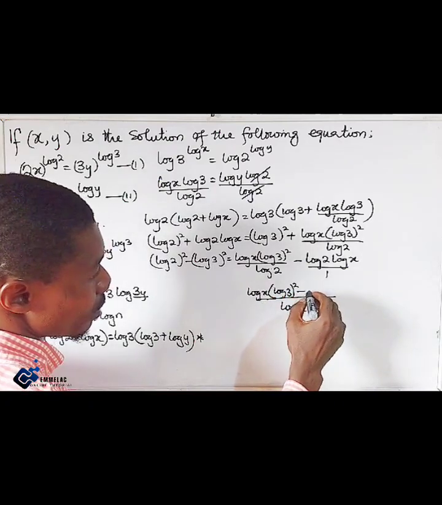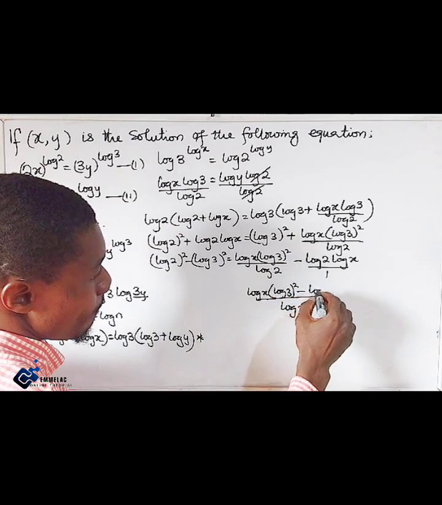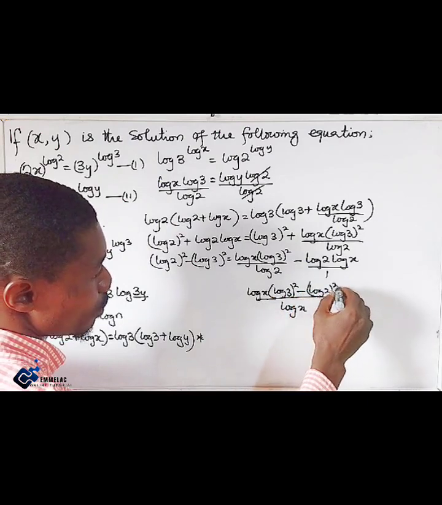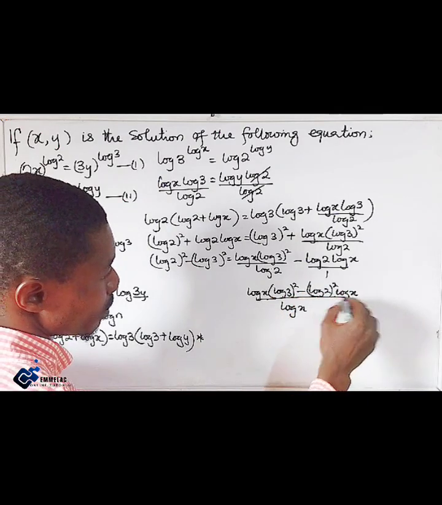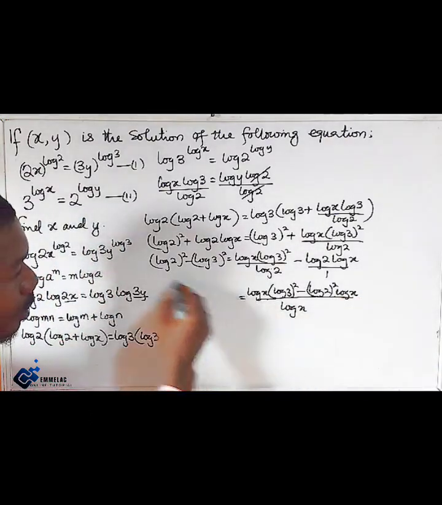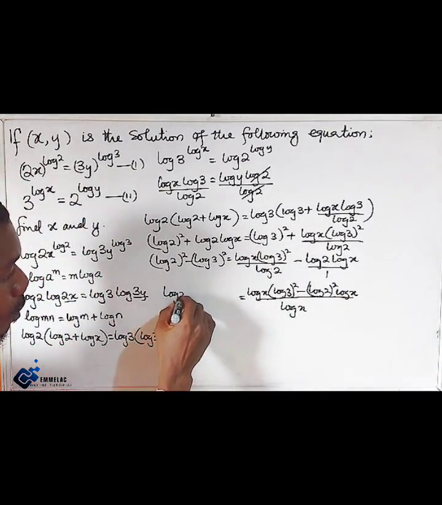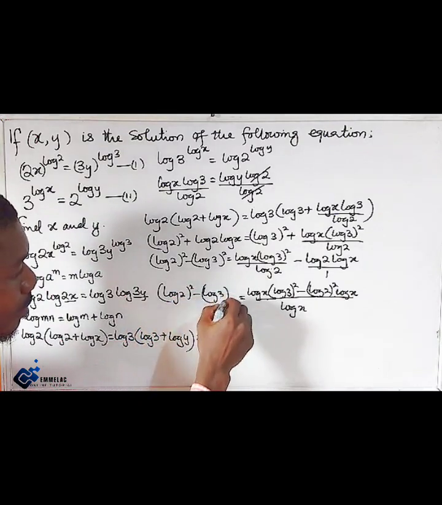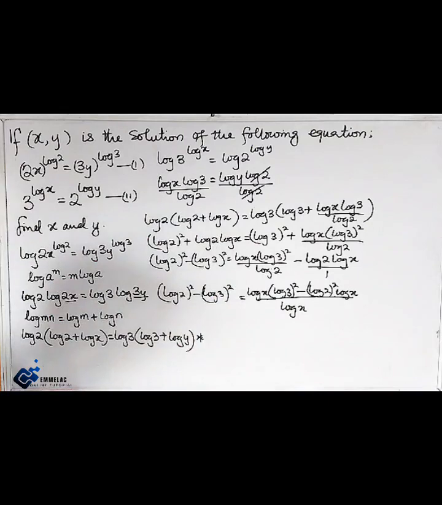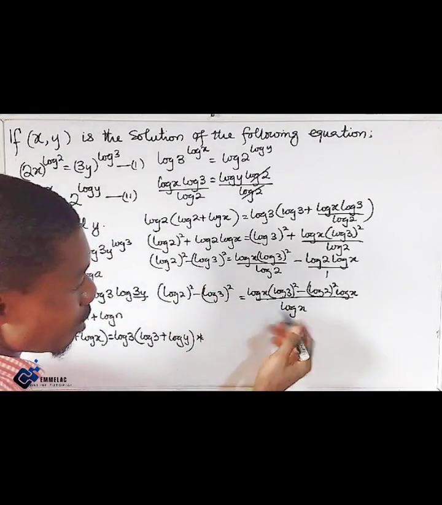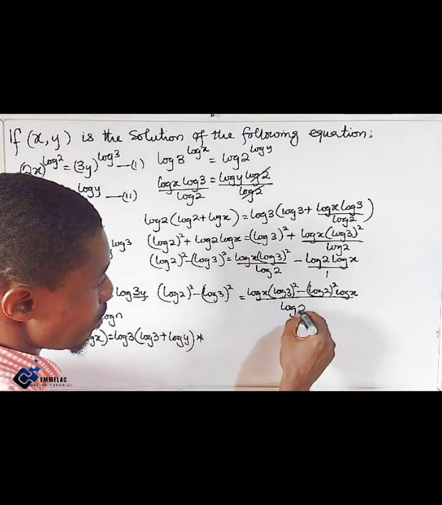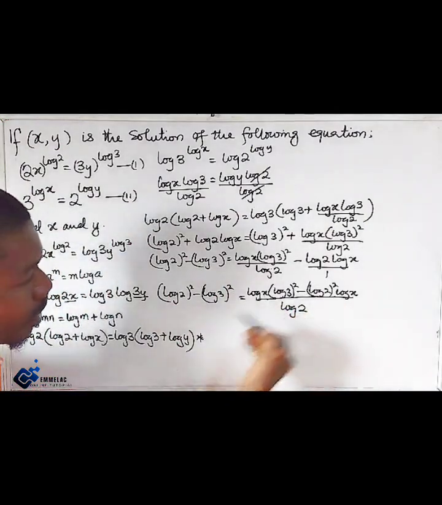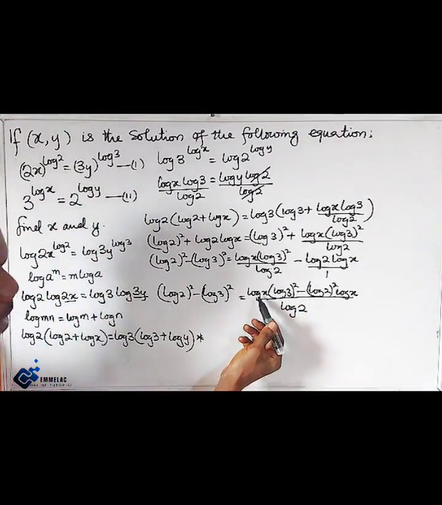minus log 2 all raised to the power of 2 log x, and this will give us log 2 raised to the power of 2 minus log 3 raised to the power of 2. Okay, and let us factor out log x here.